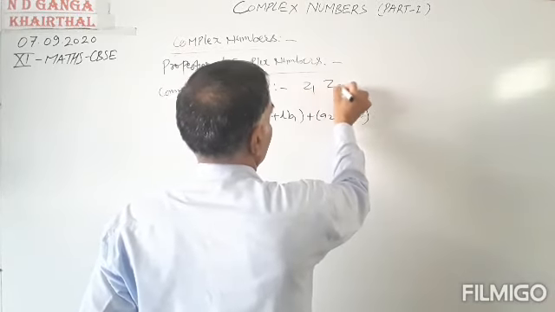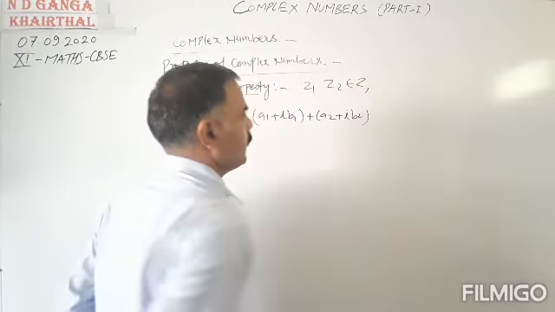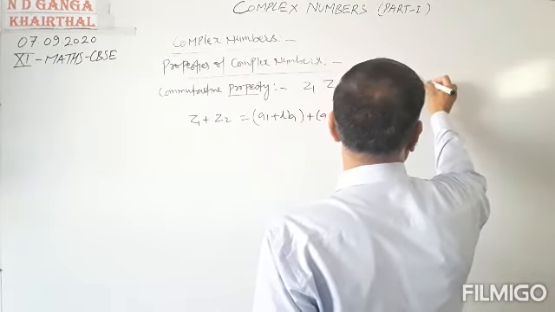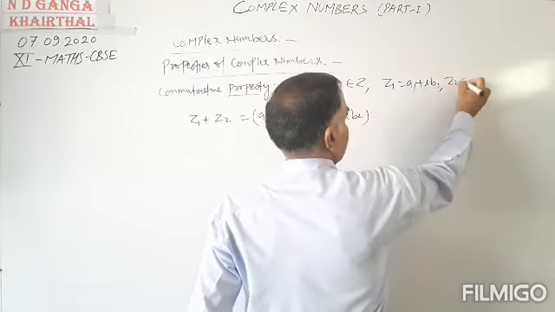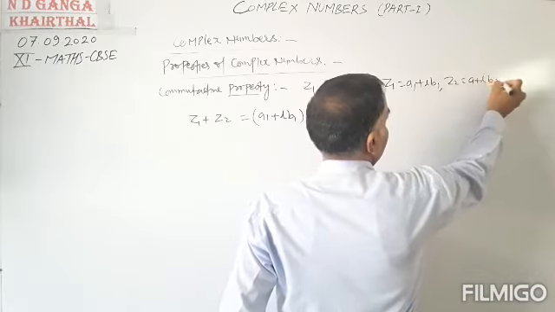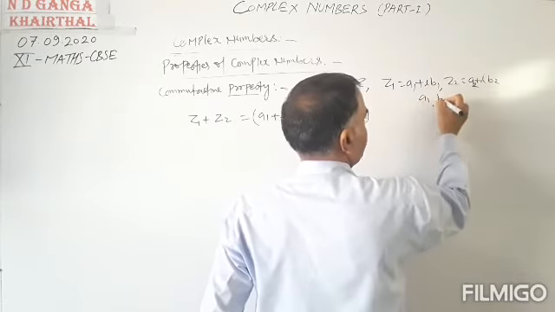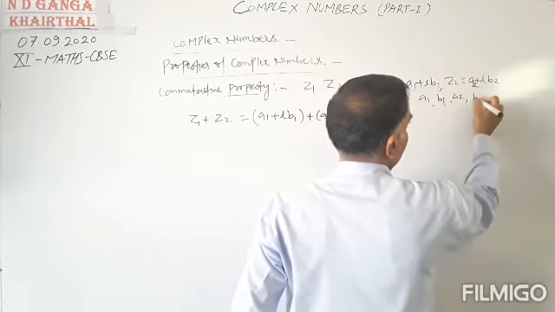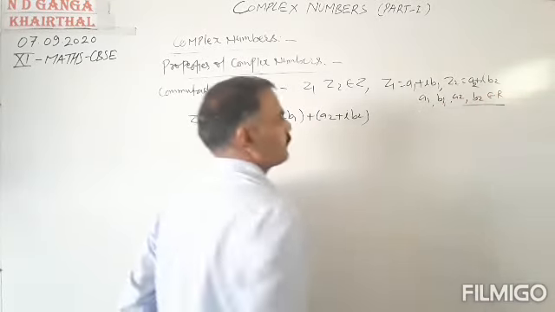Z1, Z2 belong to C, where Z1 is equal to A1 plus iota B1 and Z2 is equal to A2 plus iota B2, and A1, B1, A2, B2 belong to the set of real numbers.